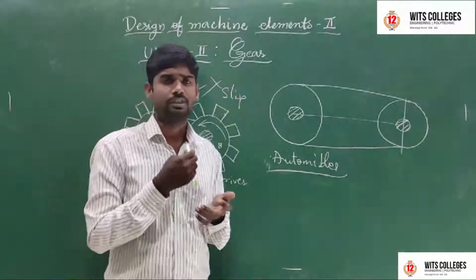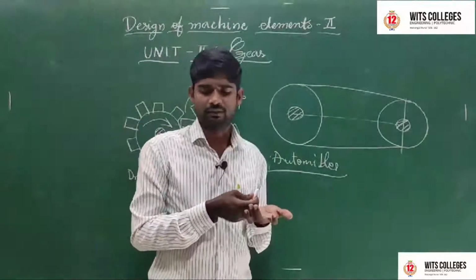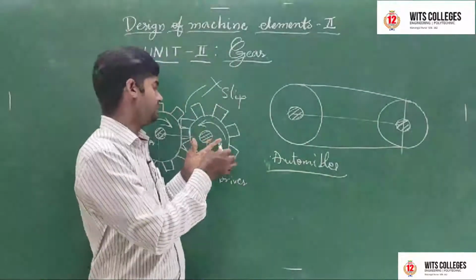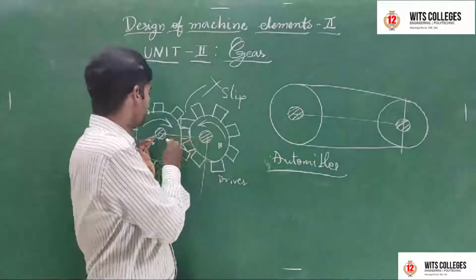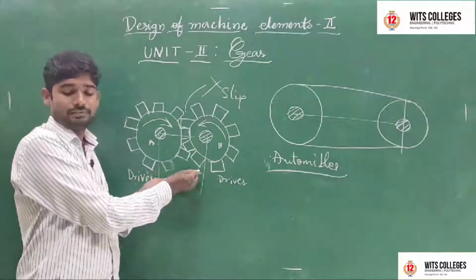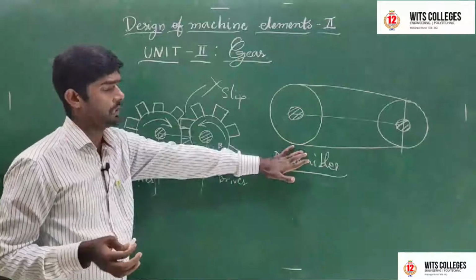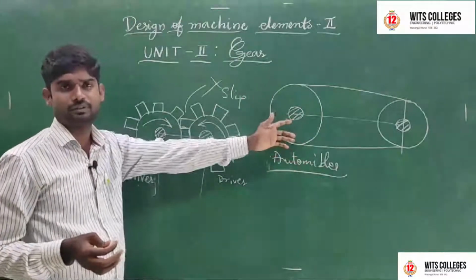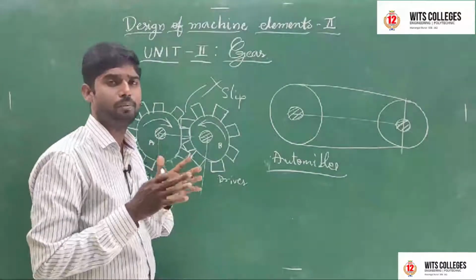Coming to the advantages and disadvantages of gears. One of the important points is that when the distance between the driver and driven is very small compared to belt drives, we use gears. This is the main point.